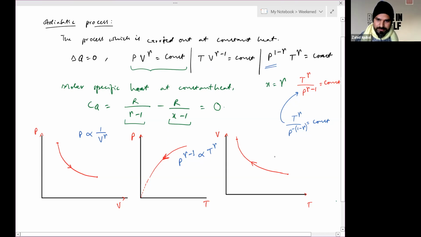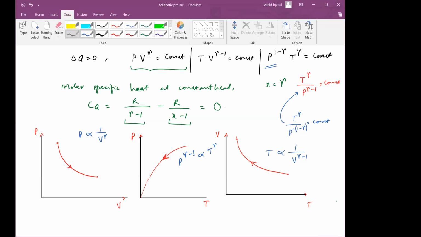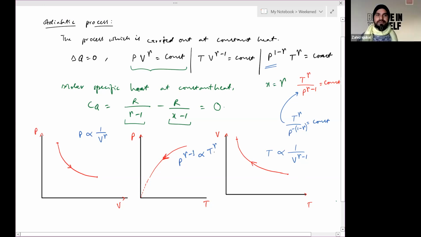Using this, you will say temperature is inversely proportional to volume to the power gamma minus 1. So again, graph will be a rectangular hyperbola. Now, in first part, since volume is increasing, so pressure must be decreasing. In second part, since pressure is decreasing, so temperature must be decreasing. Similarly, in third part, volume is increasing, so temperature must be decreasing. Memuna, is it clear? Yes, sir. Okay, first write it down to this part.